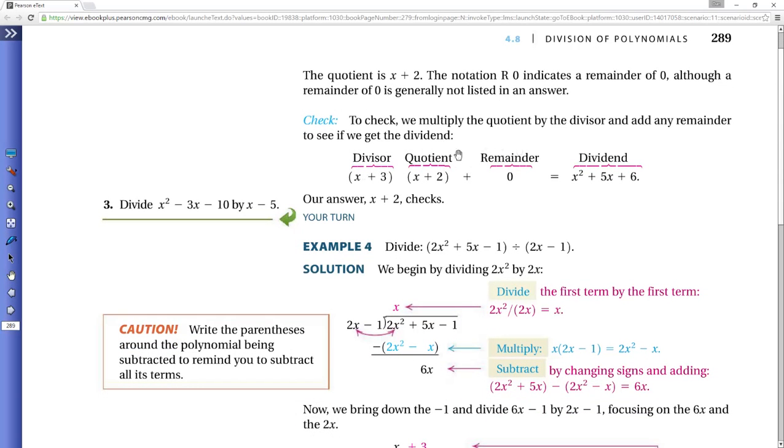They don't show the check either, but if you think about how division works, like if I take 5 divided by 2, and I do that this way, I would go, 2 goes into 5, 2 times, right? And then I multiply back, I get 4. And I subtract that from 5, I get a 1 left over. I got a remainder of 1. And what does that remainder really mean?